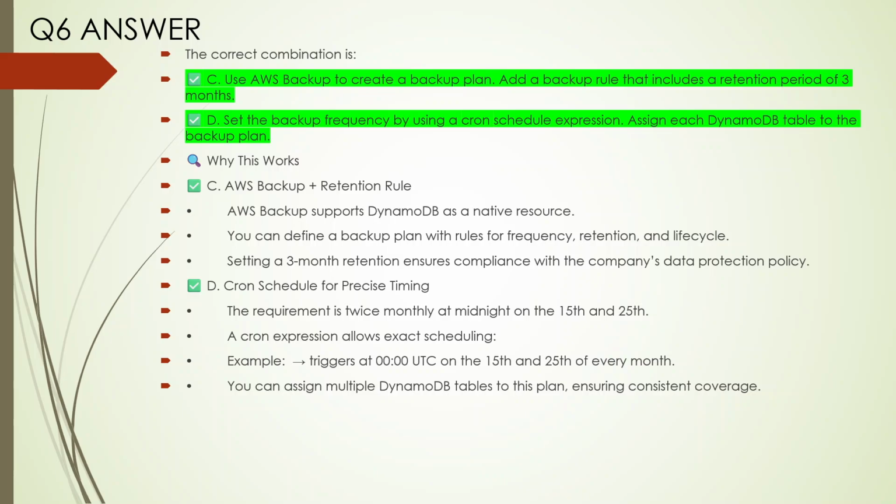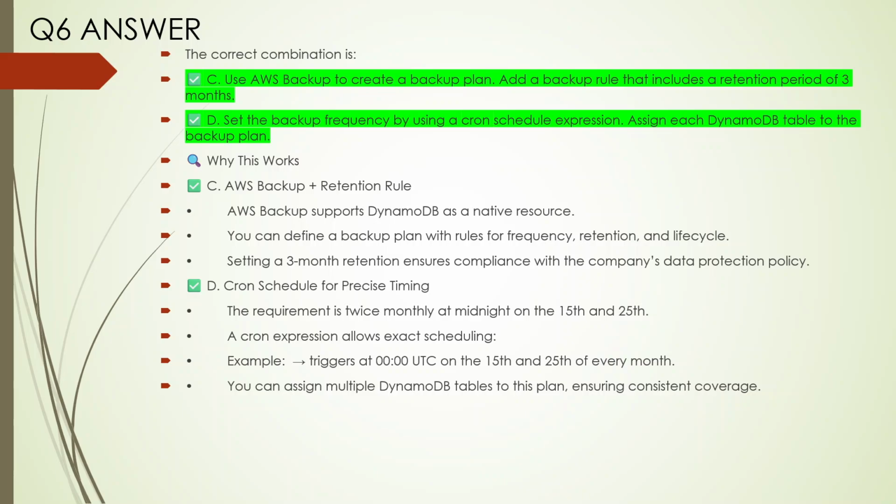AWS Backup supports DynamoDB as a native resource. You can define a backup plan with rules for frequency, retention, and lifecycle. Setting a 3-month retention ensures compliance with the company's data protection policy. Those are the things that you can do with AWS Backup plus the retention rule.